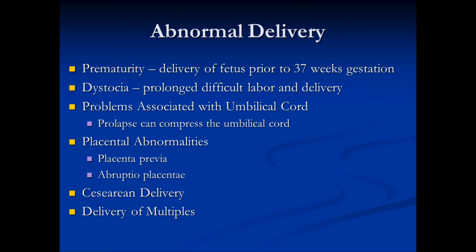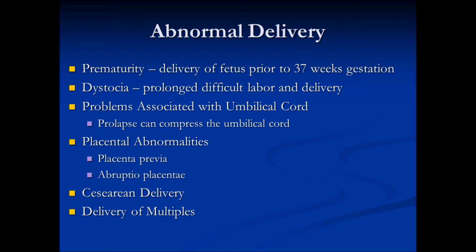And we call that cephalopelvic disproportion. And also if the baby is not positioned properly in the uterus and has some type of abnormal presentation, which we've already spoken about, that can cause you to have an abnormal delivery as well. However, the two main ones that can cause the delivery to last 20 hours or longer are problems with the umbilical cord and problems with the placenta.